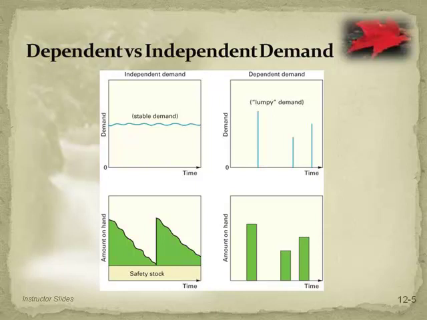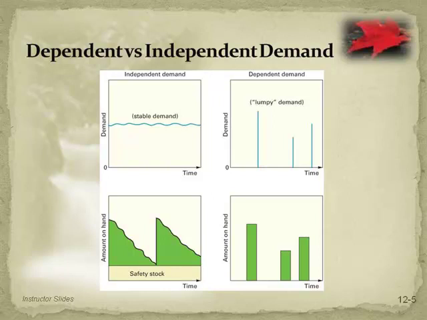There will be some change in independent demand, but it doesn't change dramatically. On the other hand, dependent demand, again as a refresher, would be the demand for all the materials that go into the iPhone, the display, all the chips and memory and everything, and it tends to be lumpy demand.